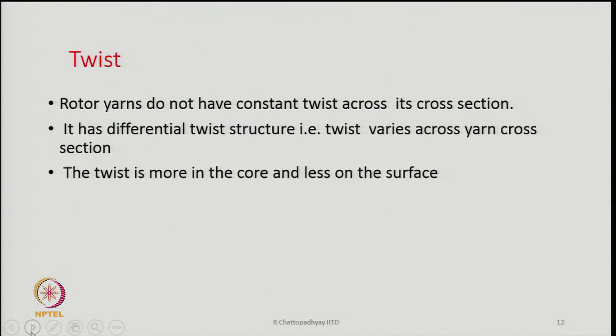The twist is more in the core and less on the surface. So, the core part of the yarn receives more twist, whereas the surface part of the yarn, the sheath fibers, actually slip while they are getting wrapped.